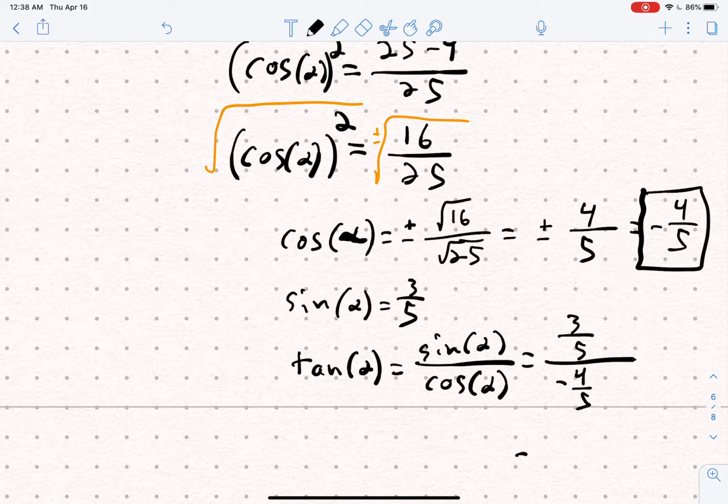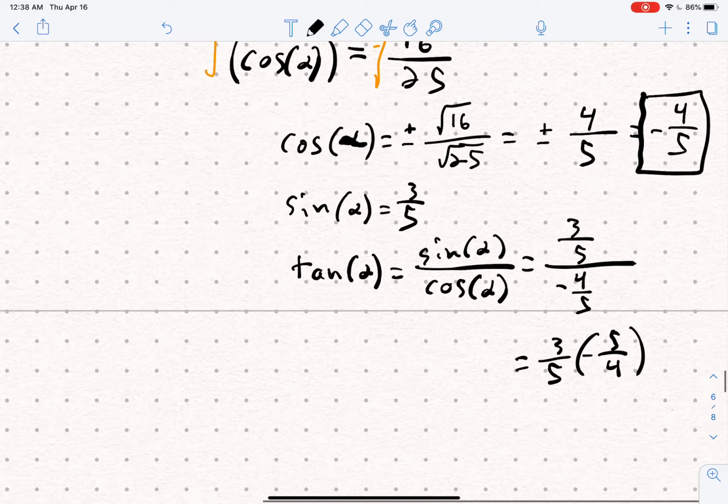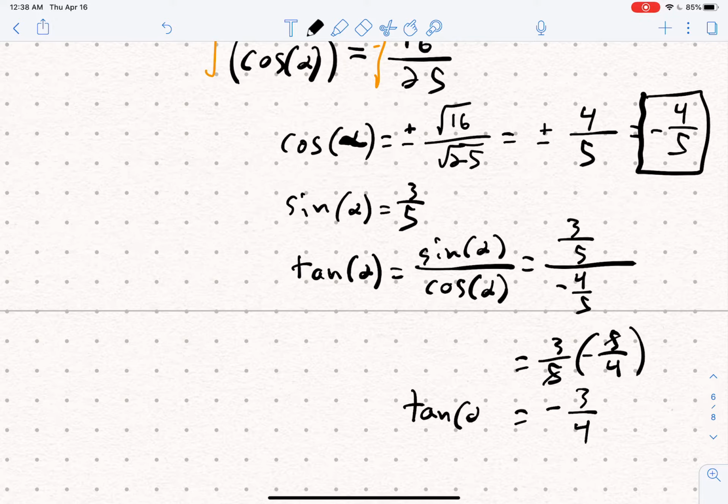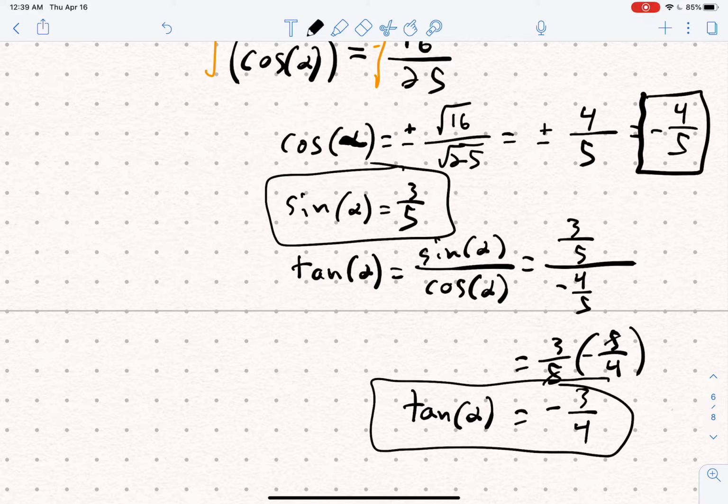So it's going to be equal to that 3 over 5 that was there already, times, if we flip it over, 5 over 4, and it's still negative. That negative follows along with it. What do we have? 3 over 5 times negative 5 over 4. The 5s cancel. And we're just left with a negative times a positive. That's negative, and 3 over 4. That is our tangent of alpha. So we now know sine of alpha, tangent of alpha, and cosine of alpha.